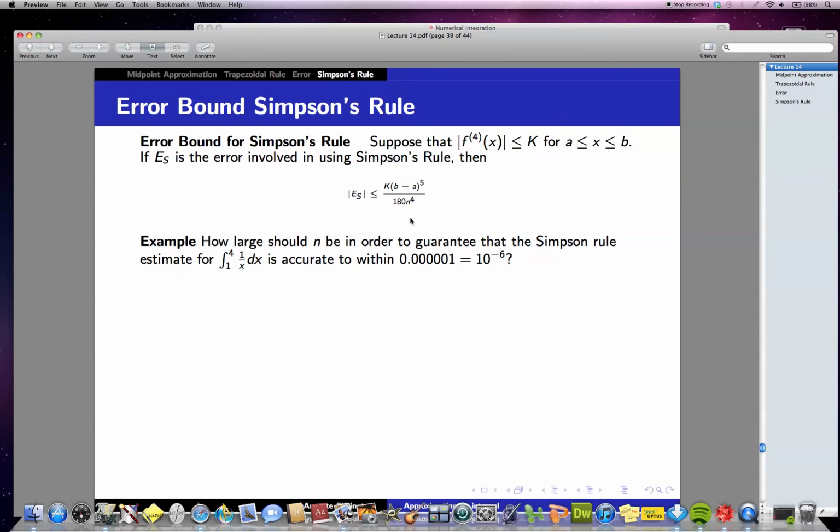So again, you can use that as a double-edged sword, either to consider how big the error might be after you've calculated Simpson's rule, or to think ahead a little bit and choose the n wisely so that you can keep your error under control.